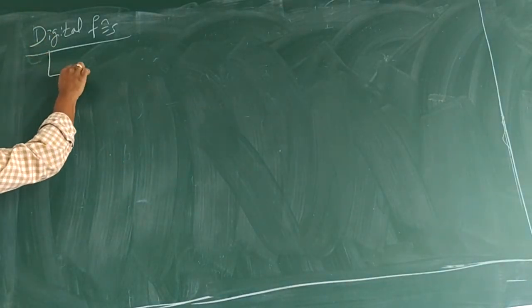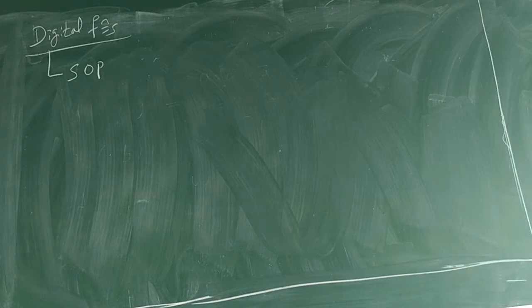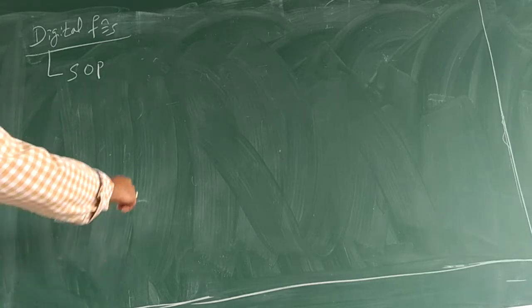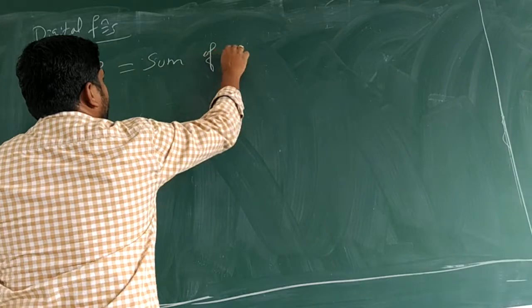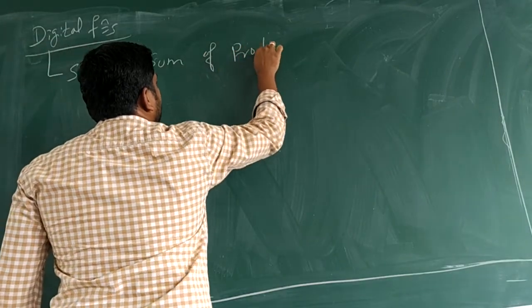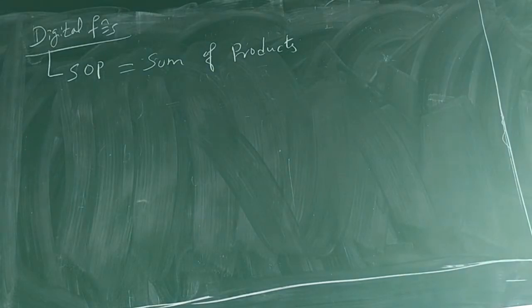Okay, so fine. Now let's write digital functions of the first method, SOP, sum of products terms.